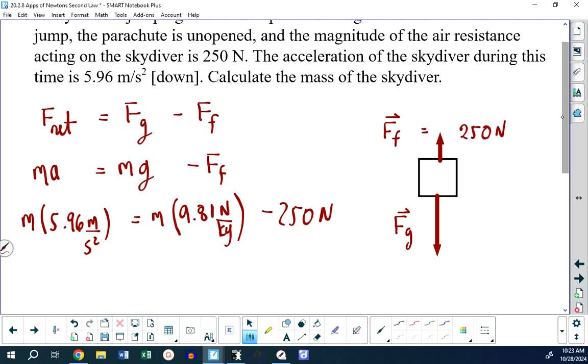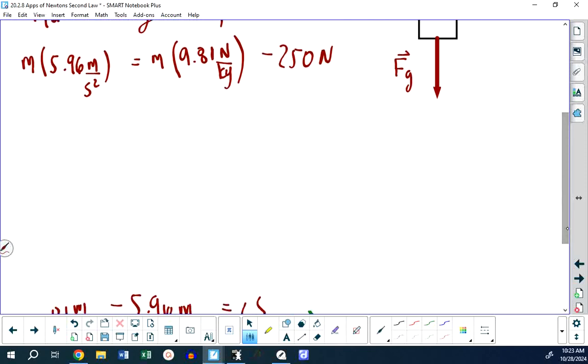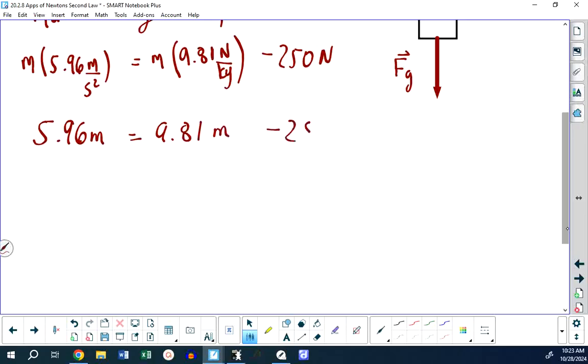Before we proceed, although the meters per second squared describes an acceleration and the newtons per kilogram describes a gravitational field, they are the same units, aren't they? Okay, let's keep that in mind. So we want to solve this for m. If you were ever solving a math equation, let me write this down. 5.96 m equals 9.81 m minus 250.